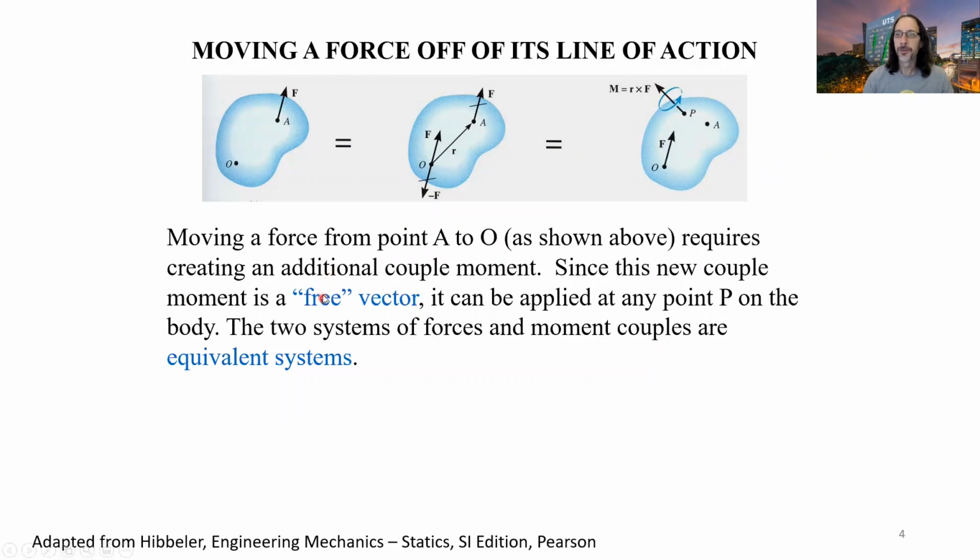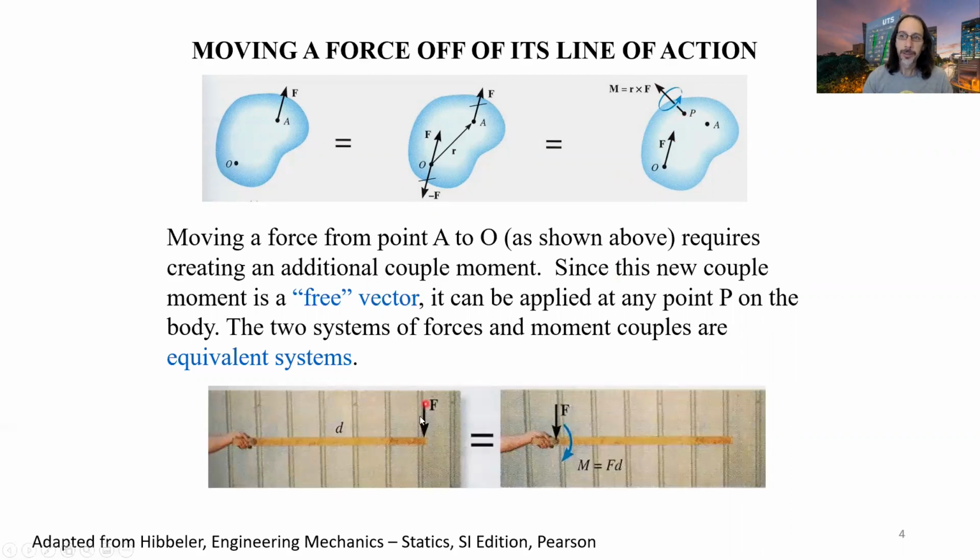All right, so as we discussed before, a couple is a free vector, so we can apply this couple anywhere. So we've said it's at point P here, can be anywhere we like. Okay, so here, with our force acting vertically downwards on this ruler, the equivalent system, if we have a force over here, is that we must have this moment or couple associated with that.